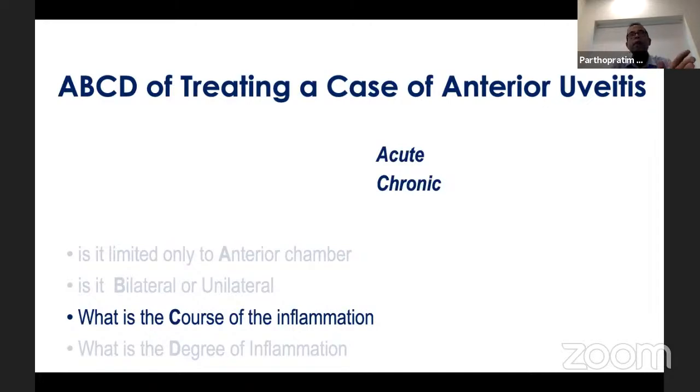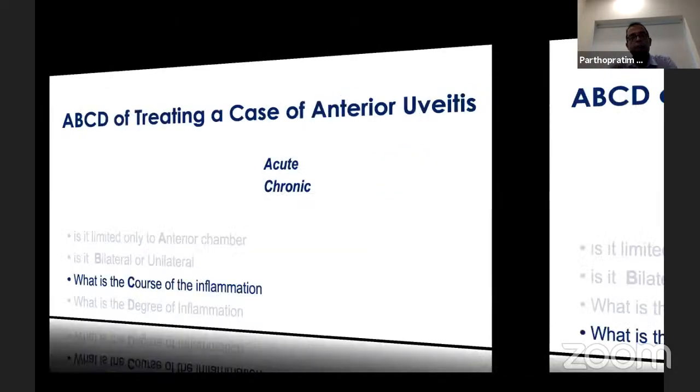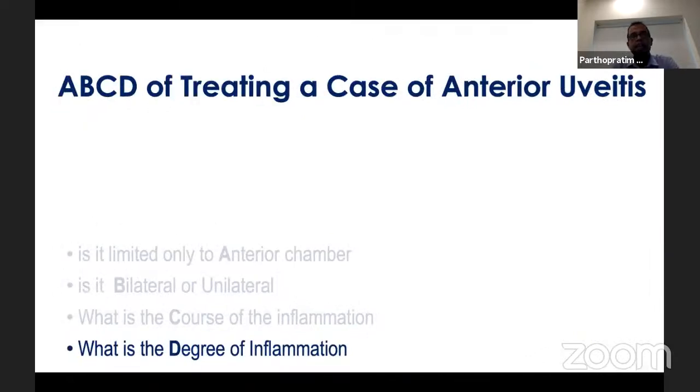Whereas patients with chronic uveitis will give a history like, I think it is there for 6 months, and the attendant may say, no, it is there for 1 year. So the patient won't be able to recognize exactly when it started. After that, you can do an examination and find out. We'll discuss how acute and chronic help us in deciding the treatment.